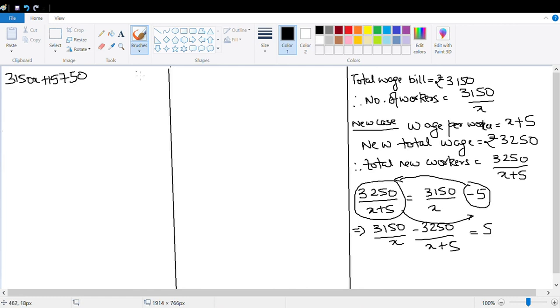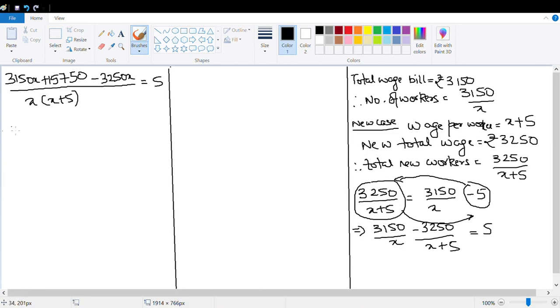Right? So this is 15,750 minus 3250x upon x times x plus 5 is equal to 5.